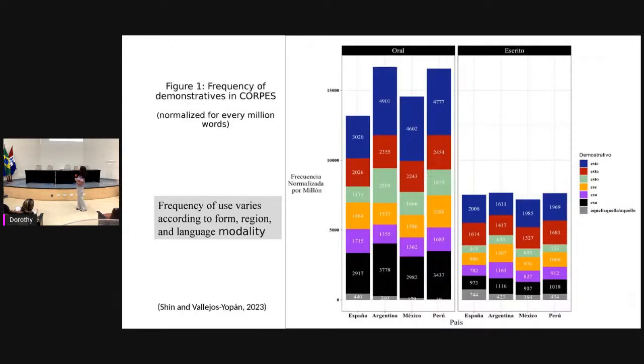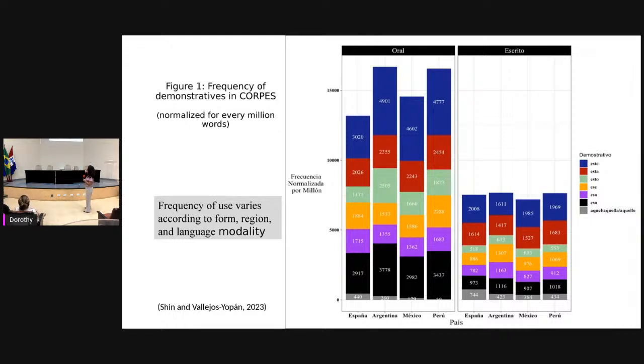So this is a figure from a study that I did with a colleague of mine, and this is a corpus. It's a huge corpus. It's normalized per million words, and I want you to look at how asymmetric is the distribution of this form. Okay, so frequency of use varies according to form.